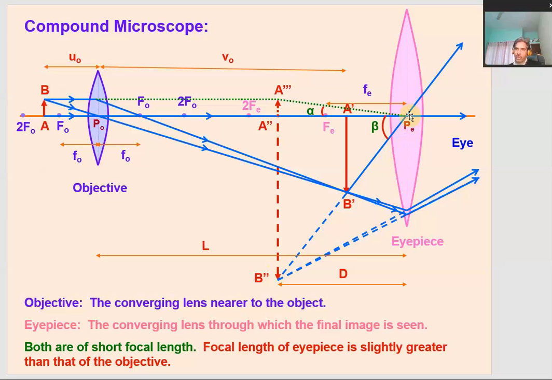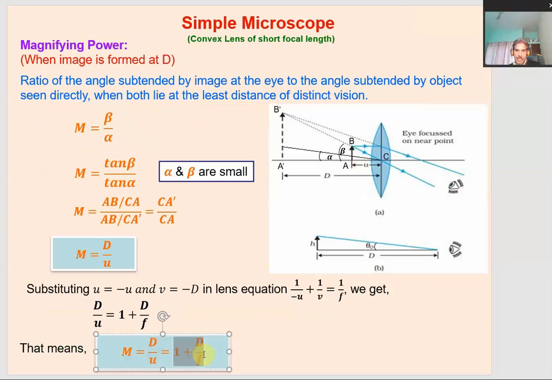So its magnification will be given by 1 plus D upon F, because this final image for the eye lens is formed at the least distance of distinct vision. We are using the same formula as before. There is no other point to consider.